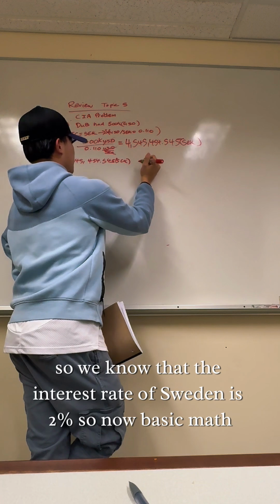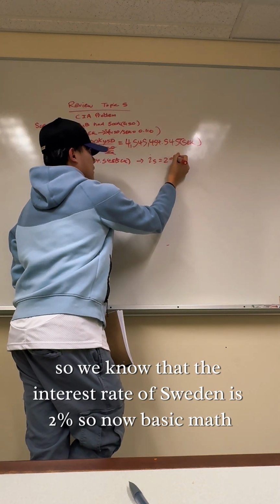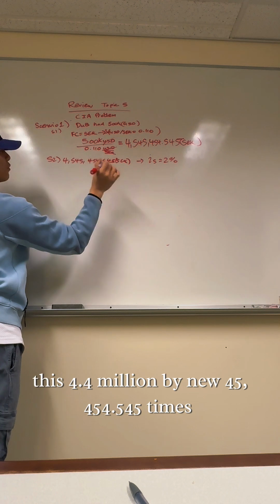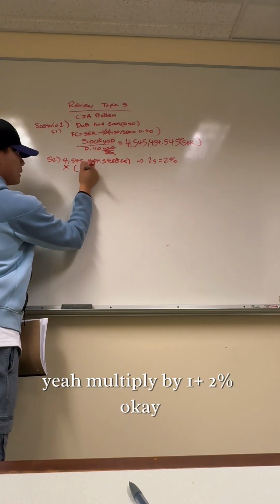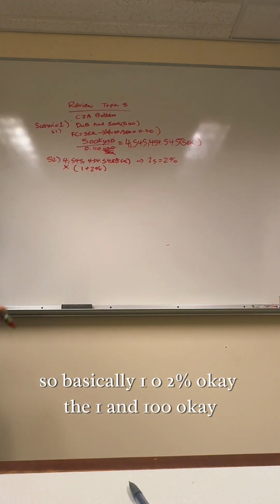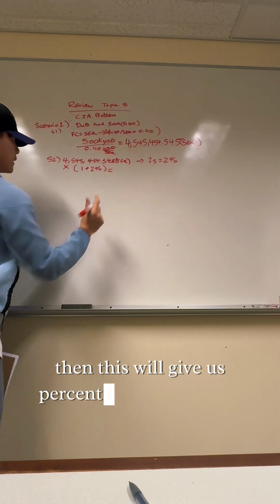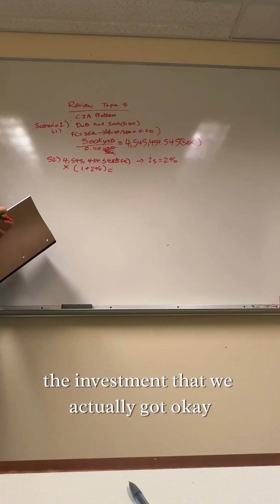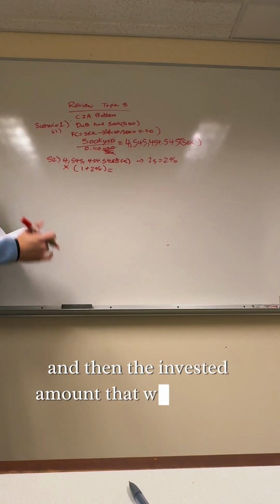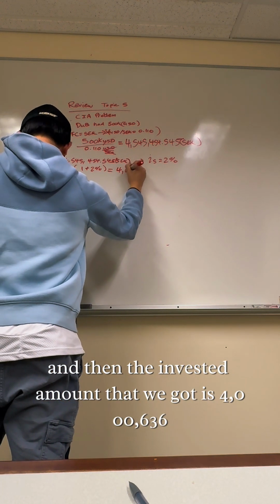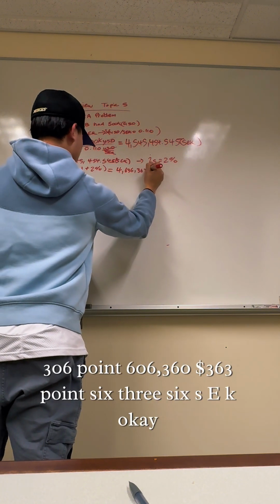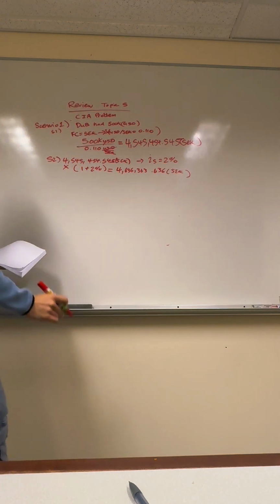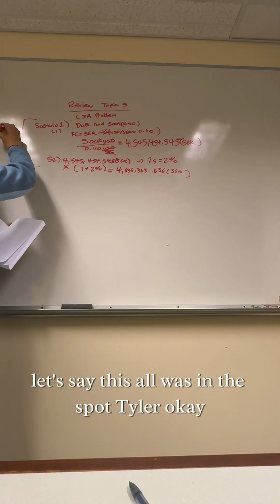We know the interest rate of Sweden is 2%, so it's basic math: 4,545,454.545 multiplied by 1 plus 2%, so basically 102%. This gives us the investment amount we actually got, 4,636,363.636 SEK.